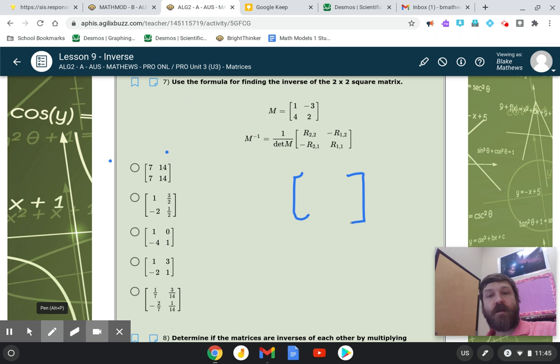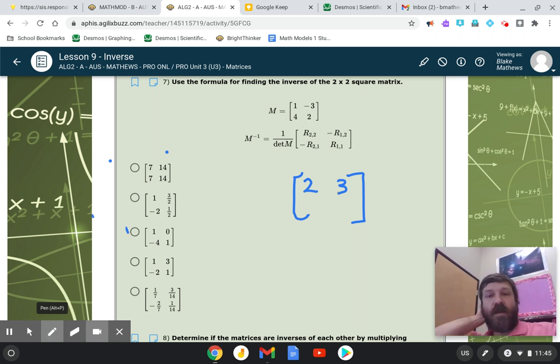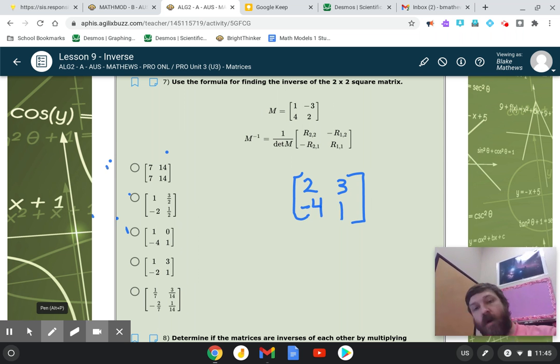So that means to take row 2, column 2, which is the number 2, then to do negative row 1, column 2. So looking up in my matrix, row 1, column 2 would be -3. I need to do a negative of that. That's going to be +3. Then it says to do negative row 2, column 1. That's 4, so -4. And then row 1, column 1. That's the number 1. So that's this part.